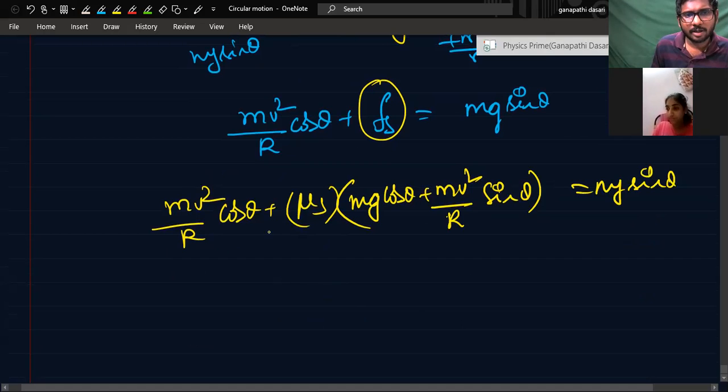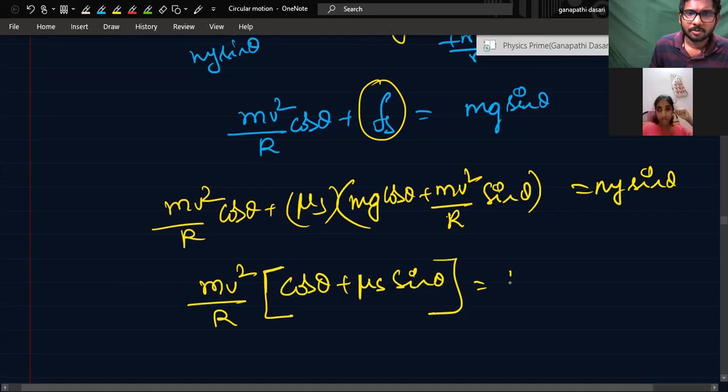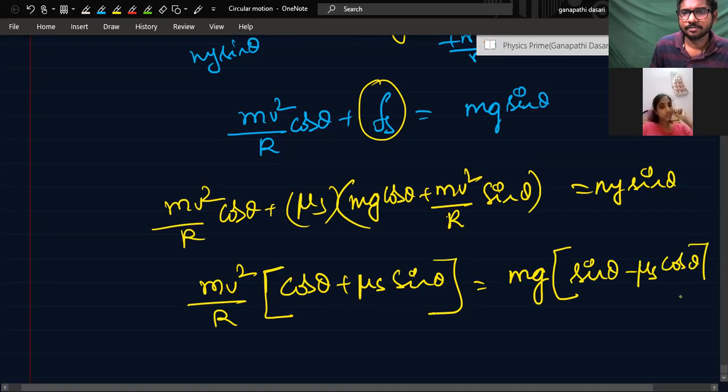So here you can take mv square by r on one side, mg on the other side. So mv square by r, if you take common, cos theta plus mu s into sin theta, and mg, if you take common, sin theta minus mu s into cos theta, right?